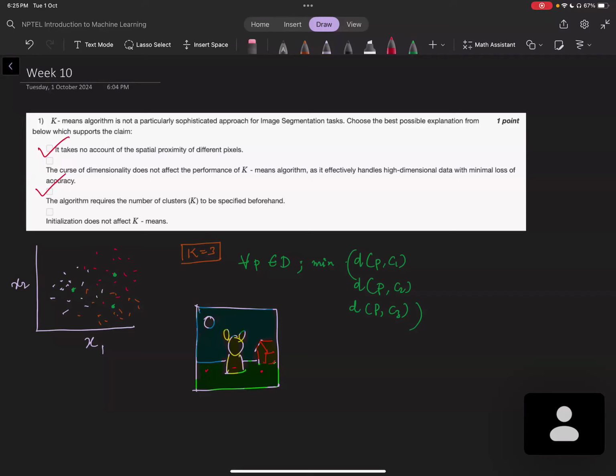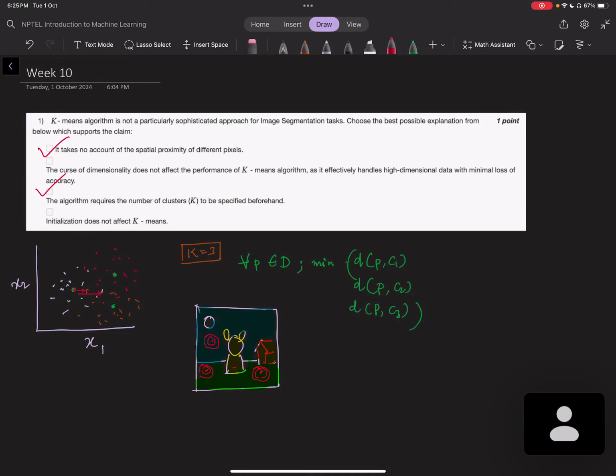Since this pixel is grass, the neighborhood of this pixel is likely to be more grass. But in this data, even if the center is here, a point that is closer to it may be of a different class than a point that is very far away. So spatial proximity is not taken into account while designing k-means clustering, and that might lead to poor performance.